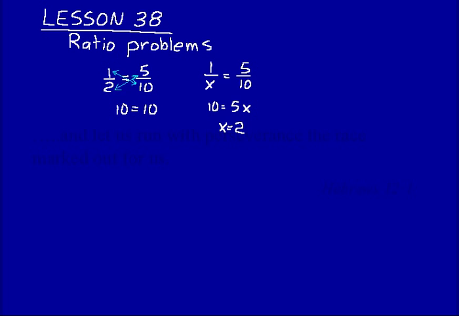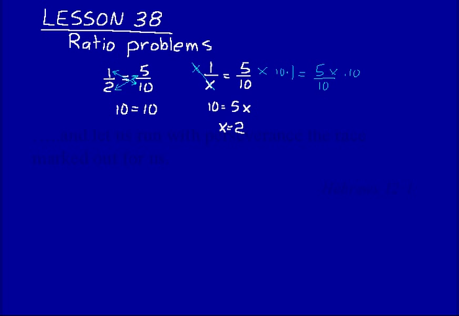If I was trying to solve for x, one thing I could do is first multiply both sides by x, and that would cancel my x's on the left, and then I would end up with 1 is equal to 5x/10. And then I could multiply both sides by 10, and I'll go ahead and do that.